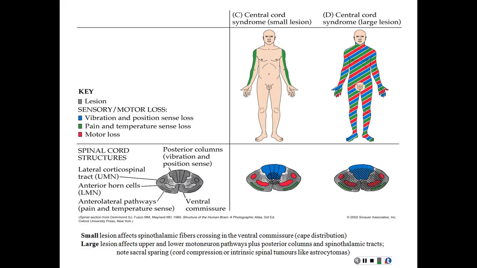For this one here, which now is a much more severe loss of tissue in the spinal cord, we go back to something that looks almost akin to the complete transection, where we have everybody being affected. Pain, temperature, proprioception, and motor activity.